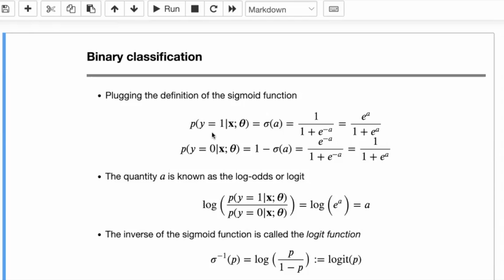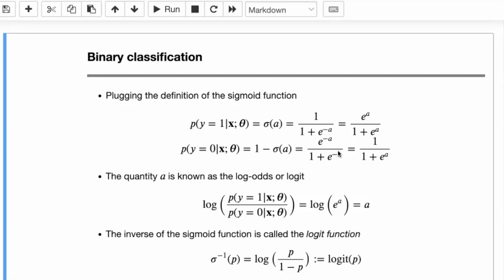And remember, since these two events, y equals 1 and y equals 0, are the only two possible cases, the sum of probabilities must equal 1, which means that the probability of y equals 0 is 1 minus the probability of y equals 1, which is sigmoid of A. And you can simplify this based on subtracting this value from 1, and that's what you get. And similarly, you can multiply this by e to the A for both numerator and denominator.